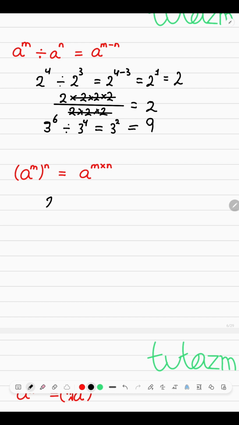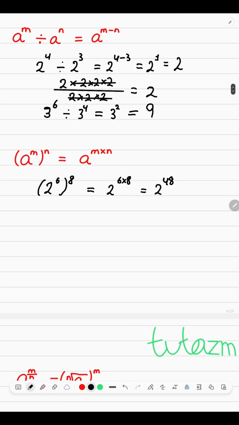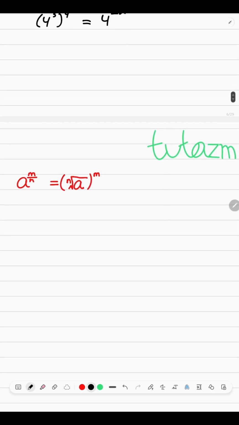So if you have 2 to the power of 6 and that is being raised to the 8th power, you'd have 2 to the power of 6 times 8, which would give you 2 to the 48. If you have 4 to the power of 3 being raised to the 4th power, that would give you 4 to the power of 12.